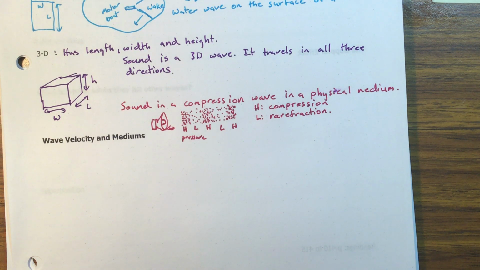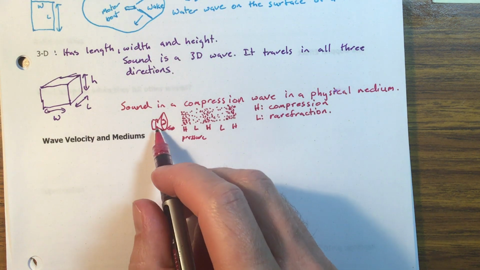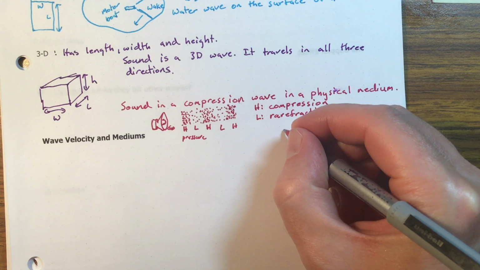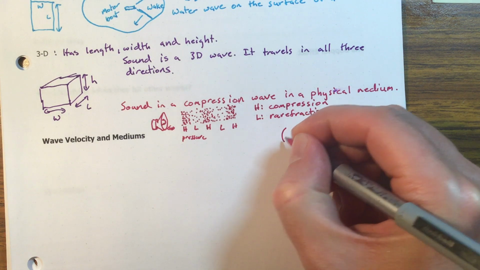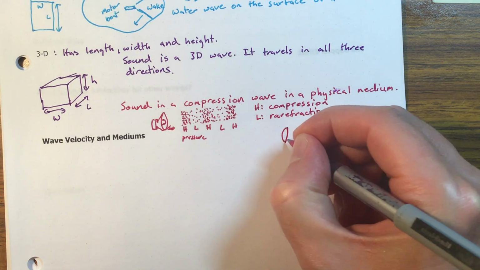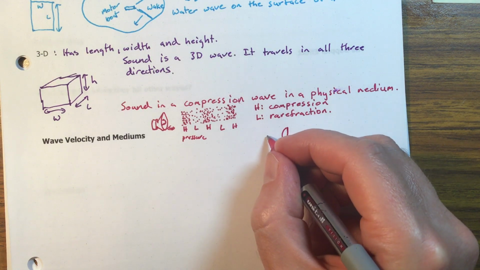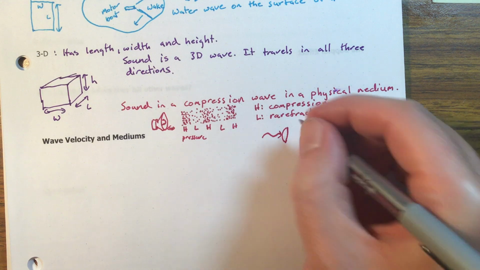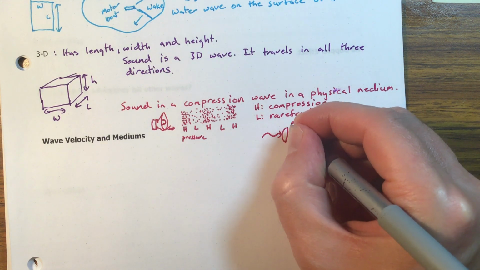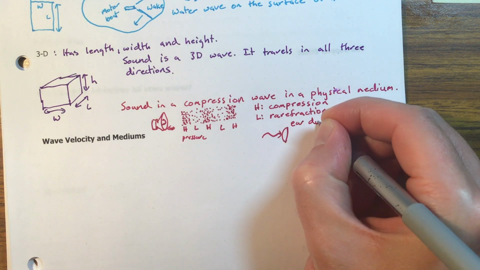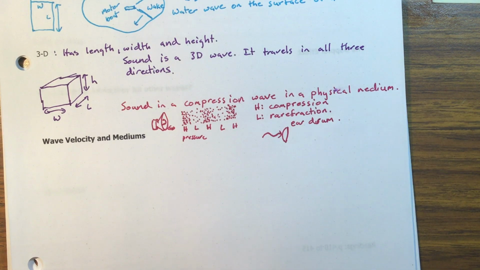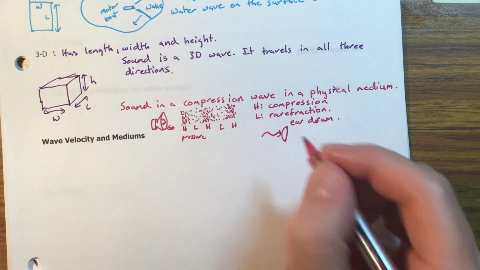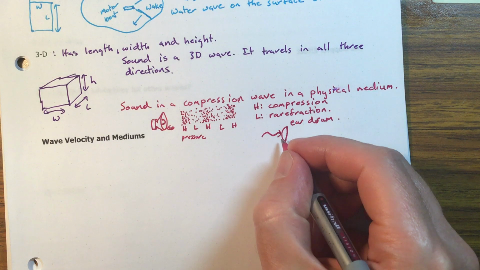Now, how your ears work is quite interesting because inside your ears, you have something called your eardrum, your tympanic membrane. And when the sound waves, and I'm just going to represent sound waves like this, when the sound waves hit your eardrum, your eardrum itself, it's a little flap of skin type thing.